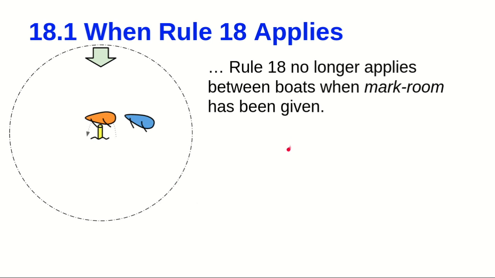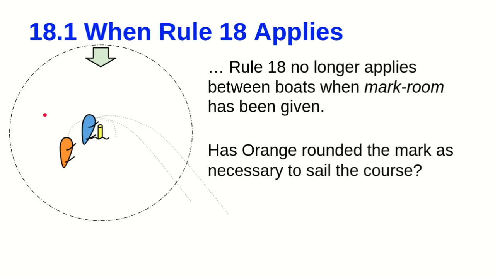And so we know that means you can sail to the mark and that you can round the mark. But has orange rounded the mark? Well, round the mark as necessary to sail the course. So to determine if orange has rounded the mark in this situation, and specifically this is asking, can orange jibe here?